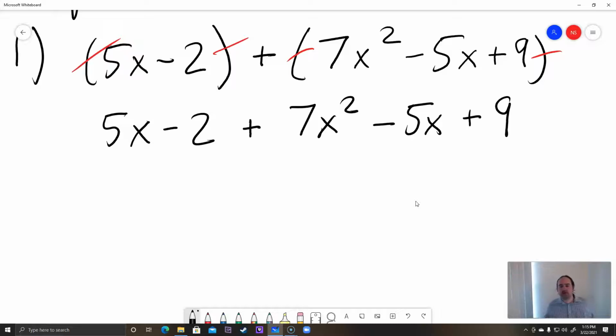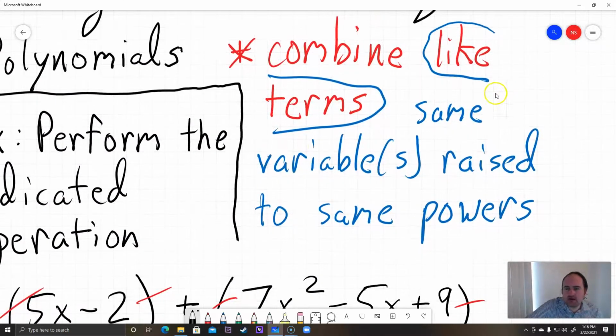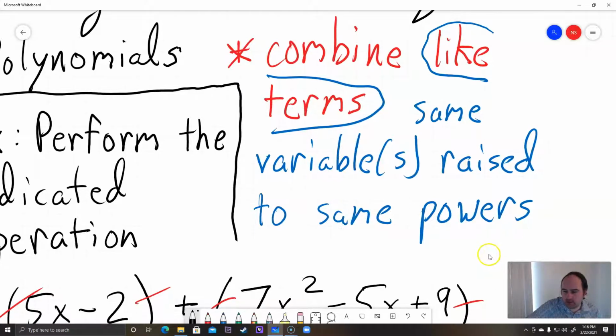Now we've gotten rid of the parentheses, so we simplify by combining like terms. So what are the like terms here? I'm going to use different colors and symbols for each type of like term. Remember, to be like terms, you have to have the same variables raised to the exact same powers.